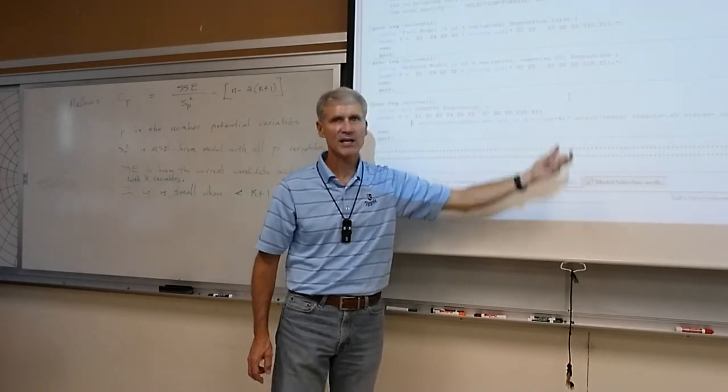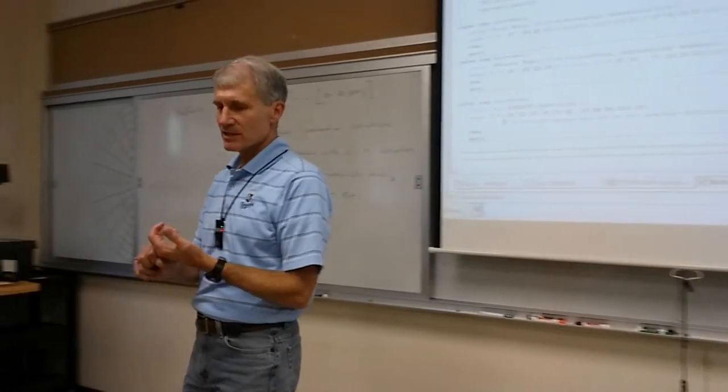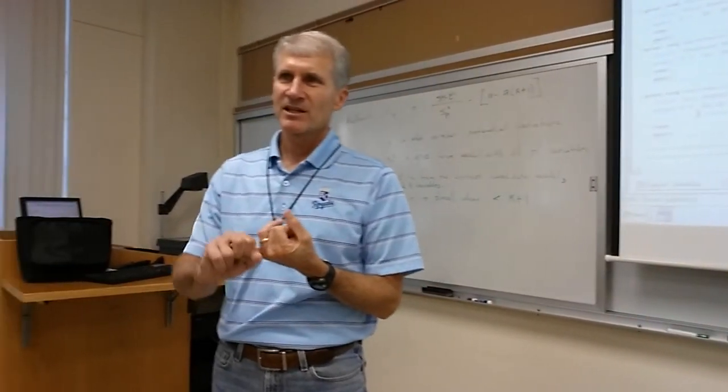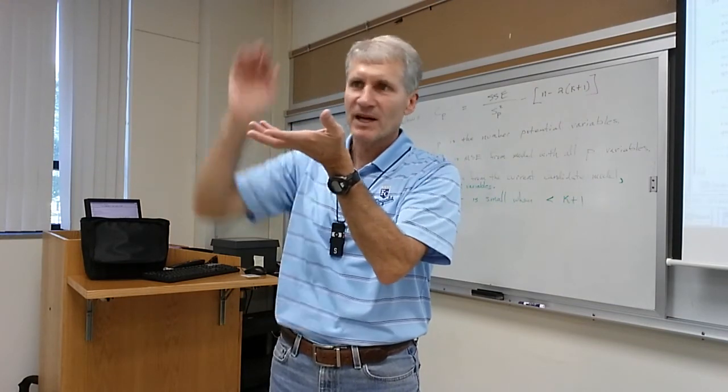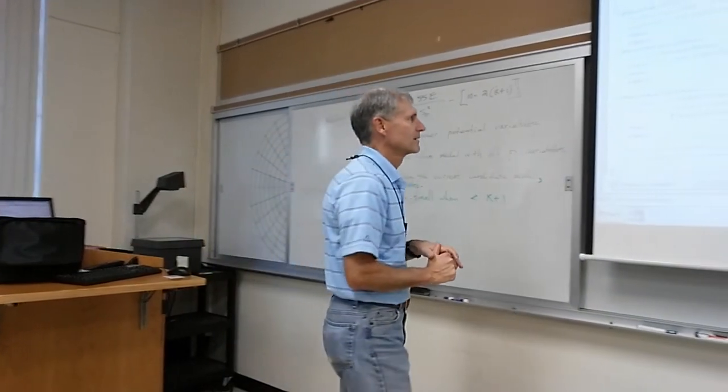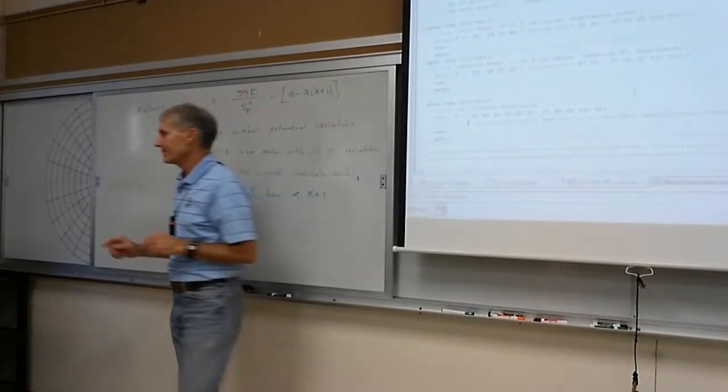This best equals 6 is a command that says, after you print the best 6 models in each block, I don't need to see the rest. Right? Because we don't need to see all however many million this would be. So let me run that.